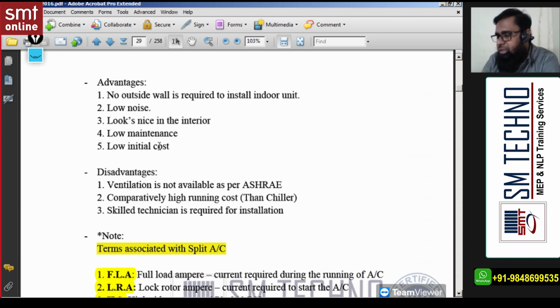Recently someone purchased 55,000, 1.5 TR, 5-star rating. So as the rating increases, the cost also increases. 3-star rating is around 33,000. In the general market, it may vary as per location and as per the brand. If you go for Daikin, the costing is high. LG and Carrier are also somewhat expensive. The normal range is Samsung, LG, etc.